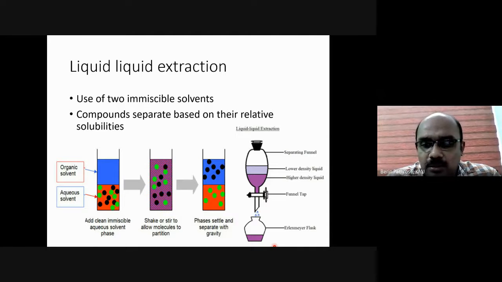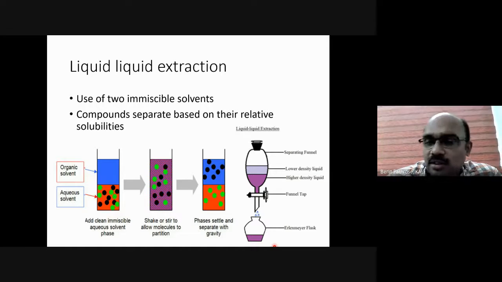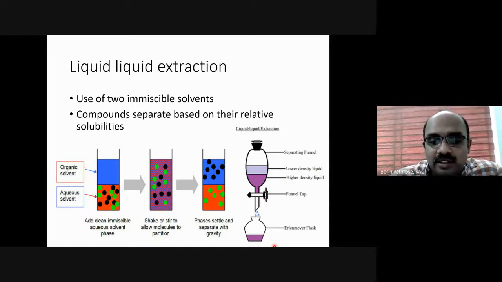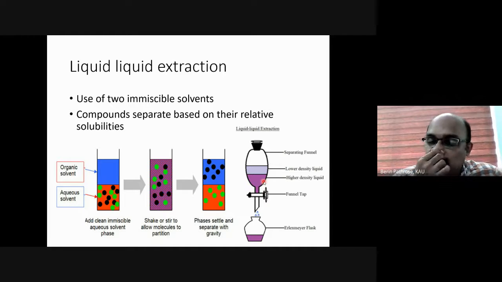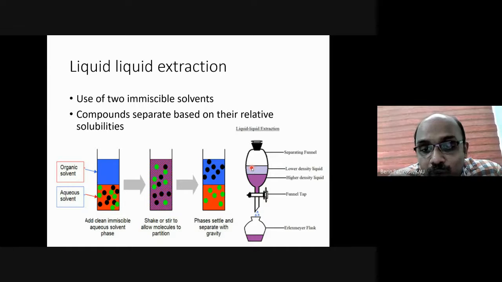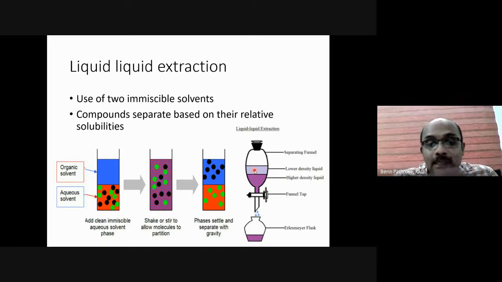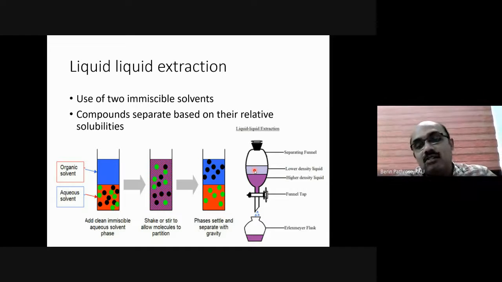It comes in varying capacities from 100 ml up to 1 liter. So if we want to extract pesticide from water, we will take water in that separatory funnel. We will close this knob. We will take water, then add a solvent into it. That solvent is immiscible with water, which means it does not dissolve in water.